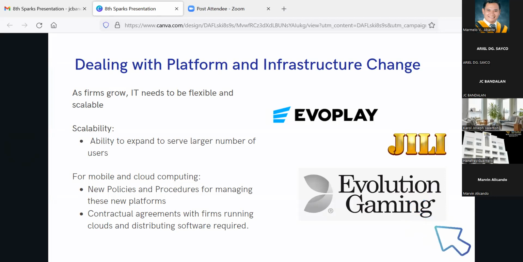Syempre, so as for the continuance of our business, products and services, we immediately coordinated with Evolution Gaming. So, yung Evo Play na nakikita niyo dyan sa screen nyo, nilaglag na ni Sir Carl yan. Pinatanggal na. So pinapapalitan na namin siya ng Evolution Gaming.